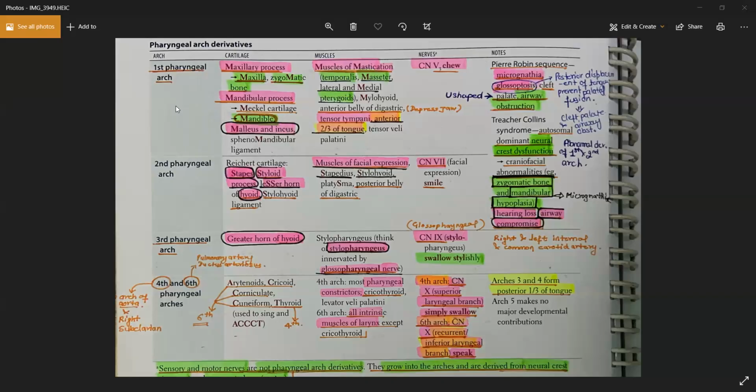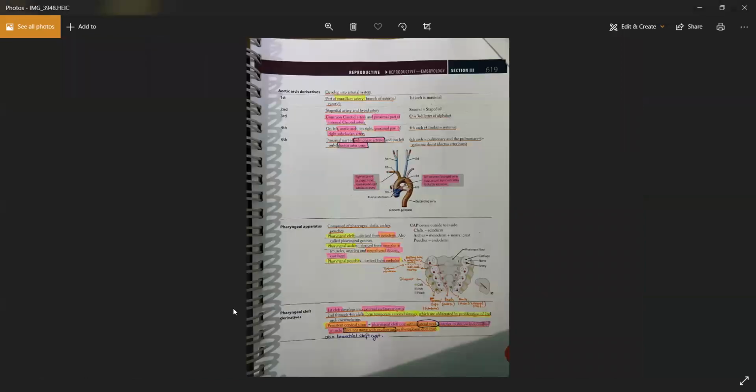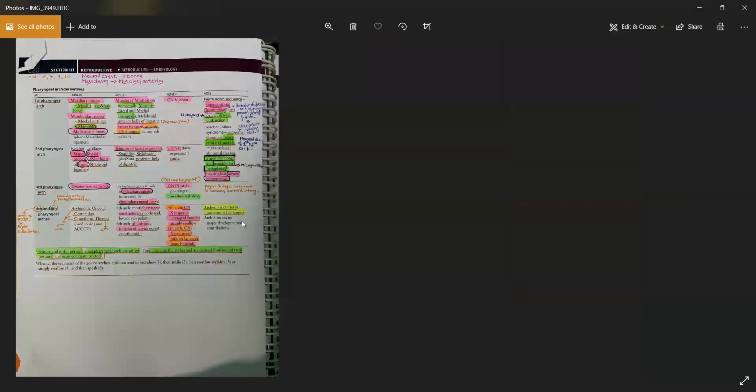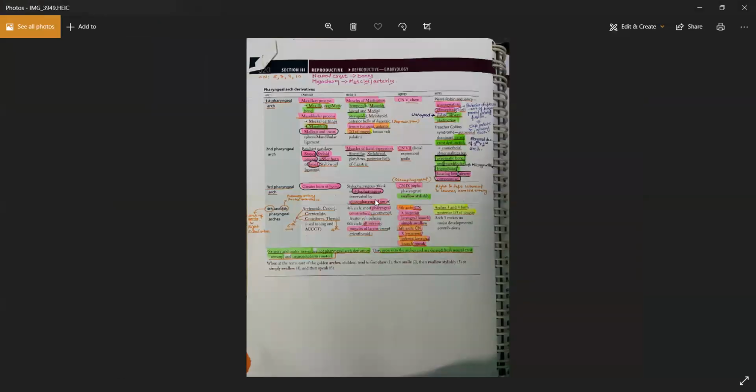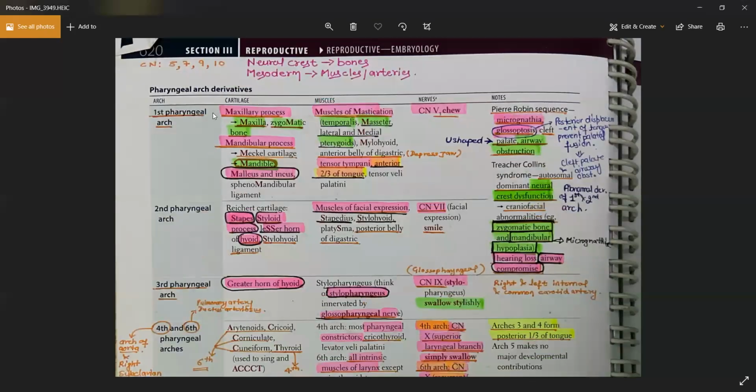I told you that in the arches, the neural crest cells form the bones and the cartilage. So if a dysfunction in the neural crest cells happens, it can lead to a developmental defect in all the bones formed by the first arch and the second arch, leading to craniofacial abnormalities.